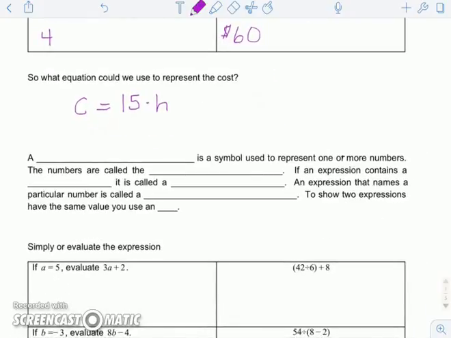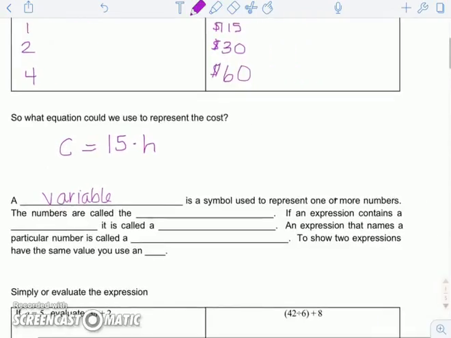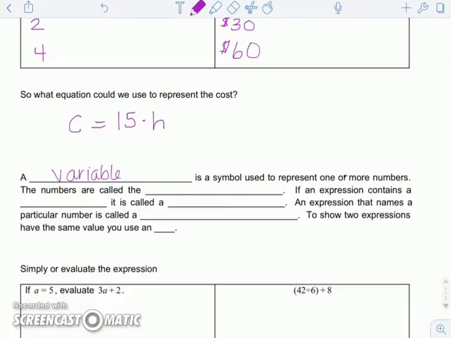A variable is a symbol used to represent one or more numbers. The numbers are called the values of the variable. So whatever number is being represented, it's the value of the variable. If an expression contains only variables, it is called a variable expression.